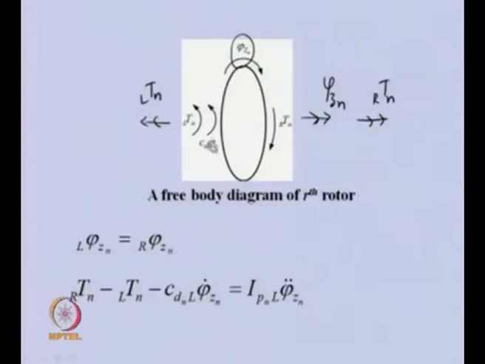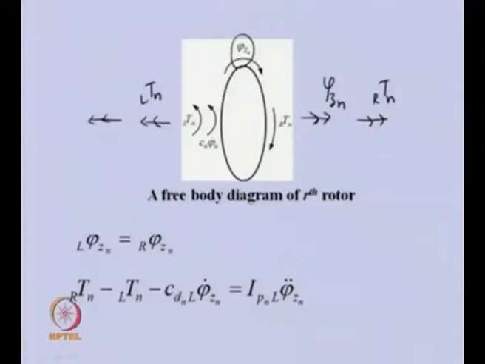So these are the reactions which are coming from the shaft. Apart from this, there is a damping which is coming from the vibration, that is the disc damping. So you can see that this will be opposite to the motion, because the motion direction we have taken as right side positive.